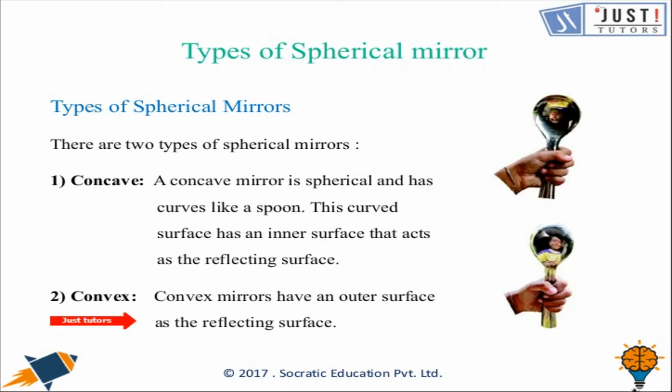On the other hand, a convex mirror has the outer surface as the reflecting surface. You can understand better by taking a look at these pictures right here. The first one here is a concave mirror, which has the inner surface reflecting, and this one right here is a convex mirror, which has the outer surface as the reflecting surface.